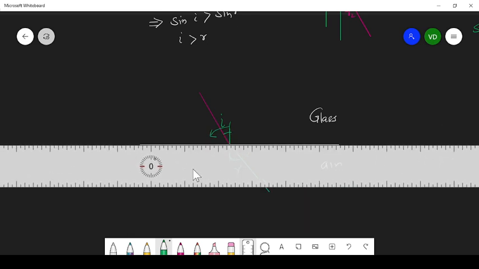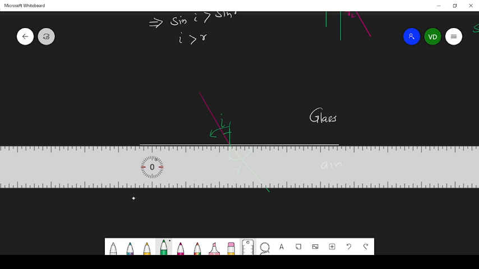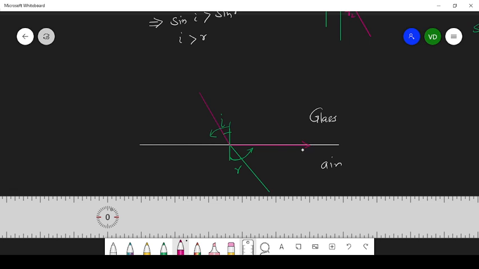Now I am trying to draw the refracted light first, and then I will go for the incident. So this is refracted. So it is moving along the surface of the glass and air. So what will be the angle at that time? Let us consider, suppose we have the equation sin I divided by sin R equal to mu, and in this case this mu is say refractive index of air with respect to glass.